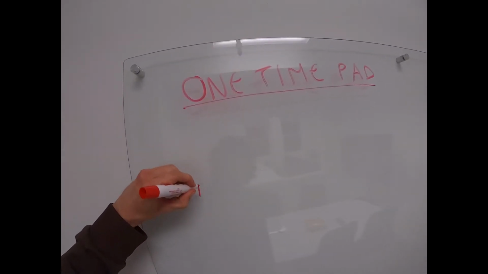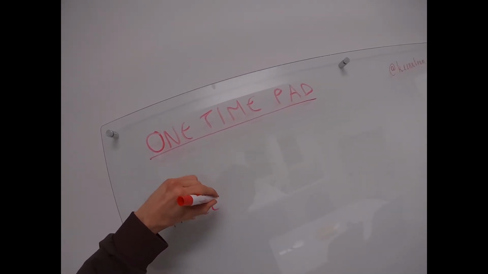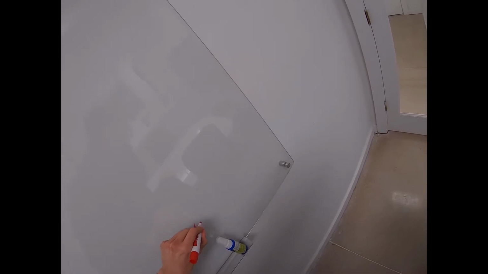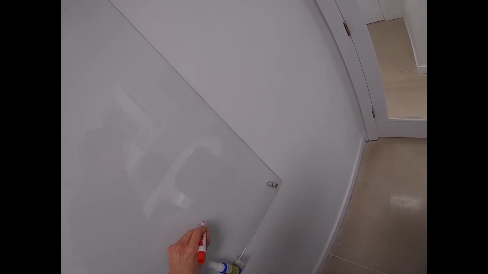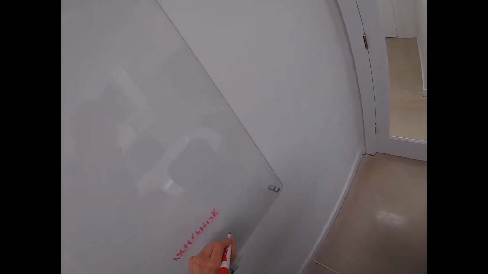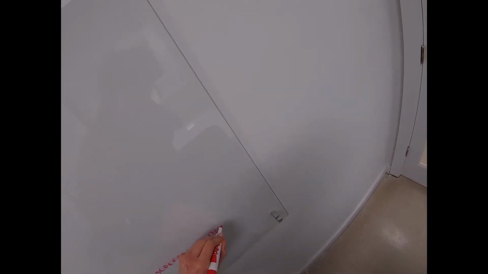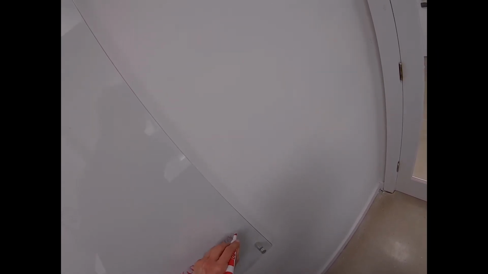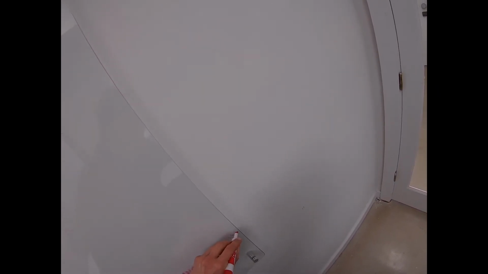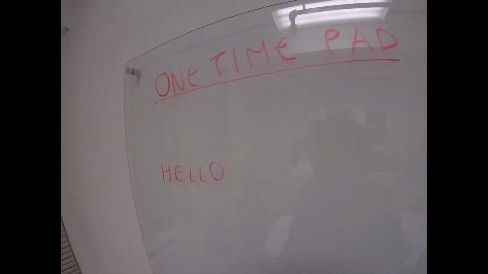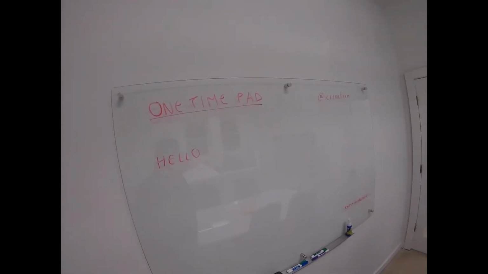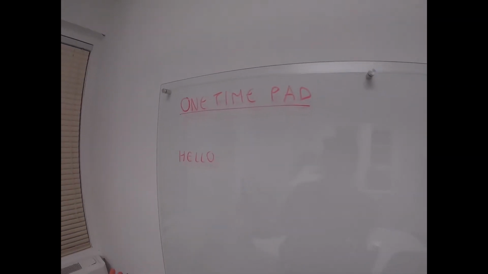So if we have hello, and let me make a little alphabet here, A, B, C, D, E, F, G, H, I, J, K, L, M, N, O, P, Q, R, S, T, U, V, W, X, Y, and Z. Okay, if we were doing a Caesar cipher, and we have a key of 3, then we would shift everything by 3, right?